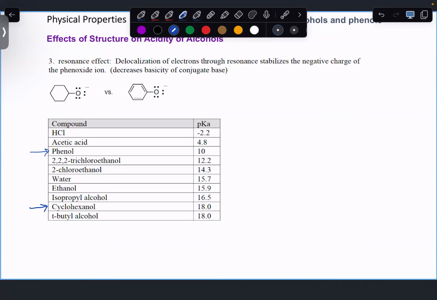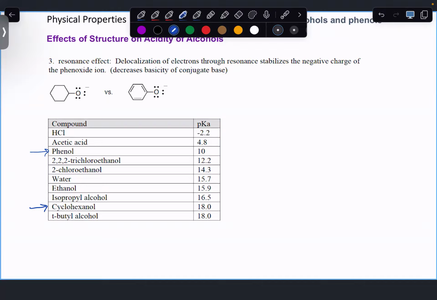Right? The conjugate base of cyclohexanol versus the conjugate base of phenol. But phenol has the ability to do something that cyclohexanol does not.